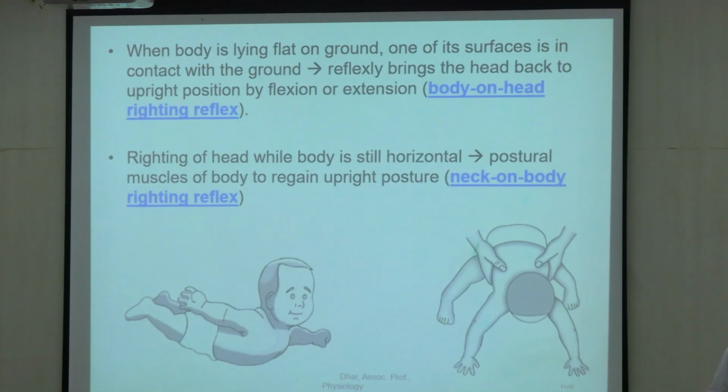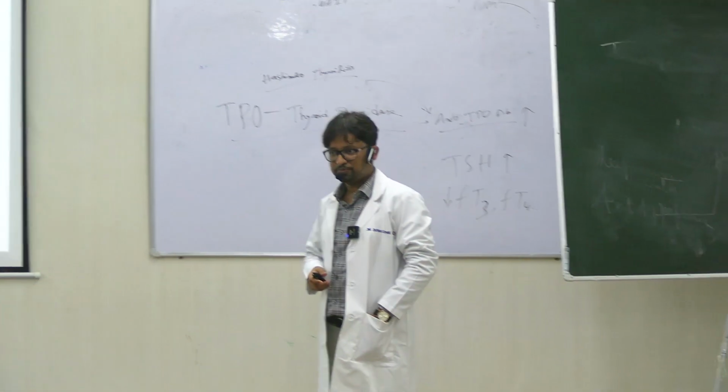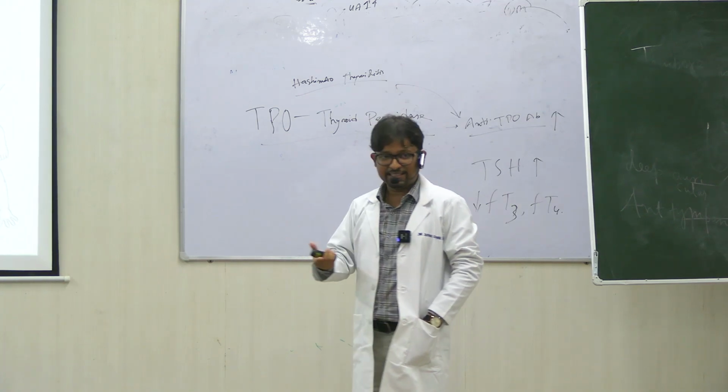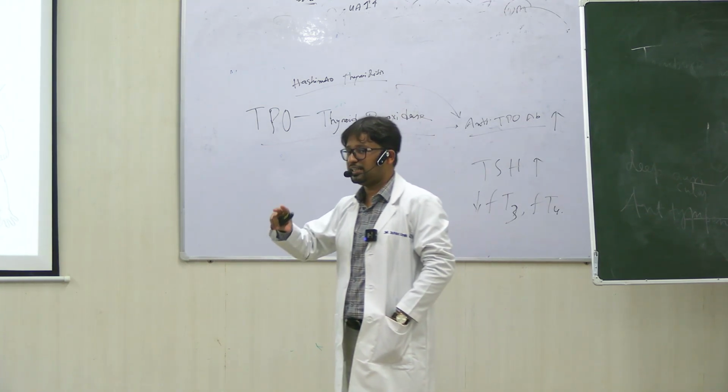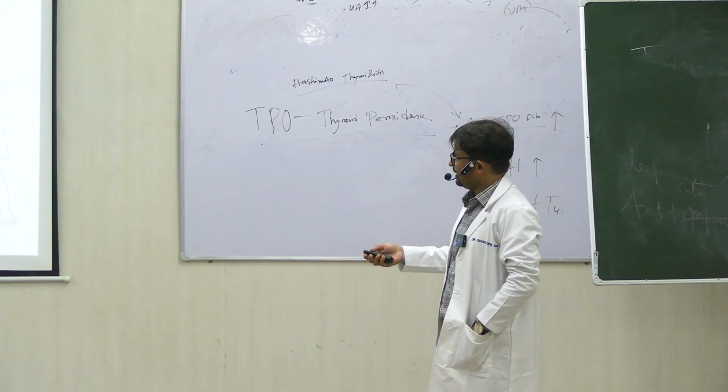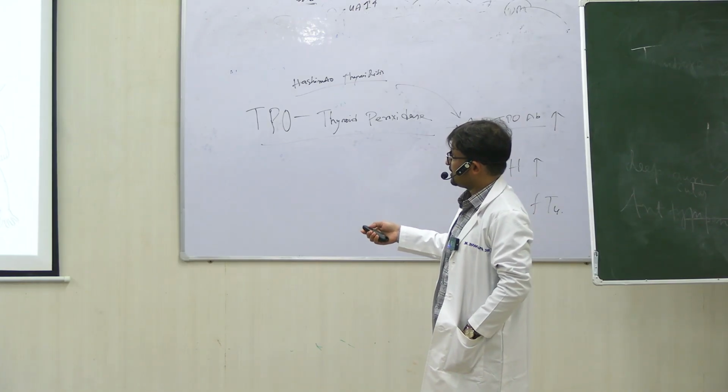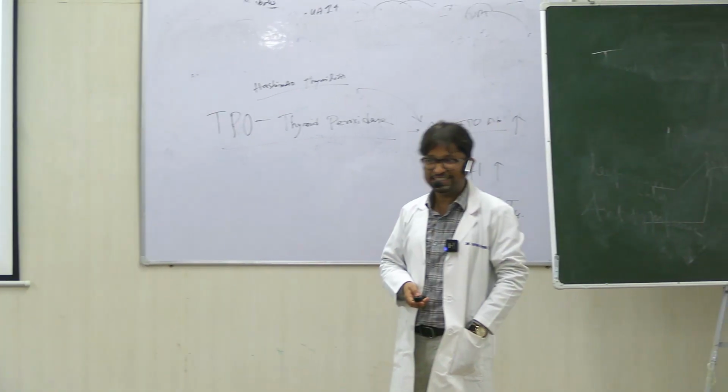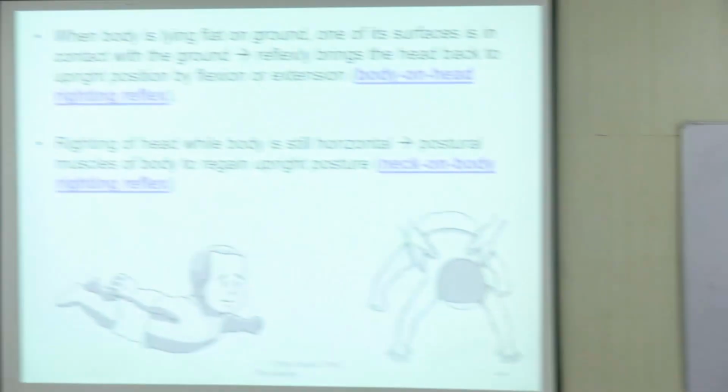Now suppose the body is lying flat. A person has fallen on one surface. If you fall flat, either you will be supine or you will be prone. If you are supine, the posterior surface of your body is in contact with the ground, right? The anterior surface is not. So according to this differential pattern, the head is reflexly brought back to the upright position either by flexion or extension.